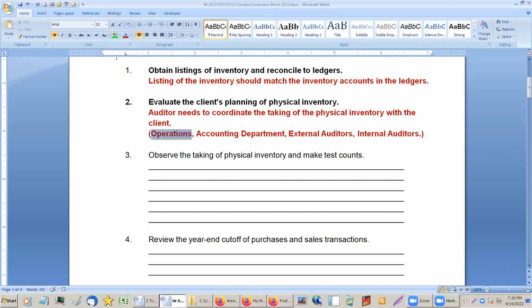So the operations people are the ones that actually take the inventory. The accounting department, external auditors, and internal auditors are people that all oversee it.